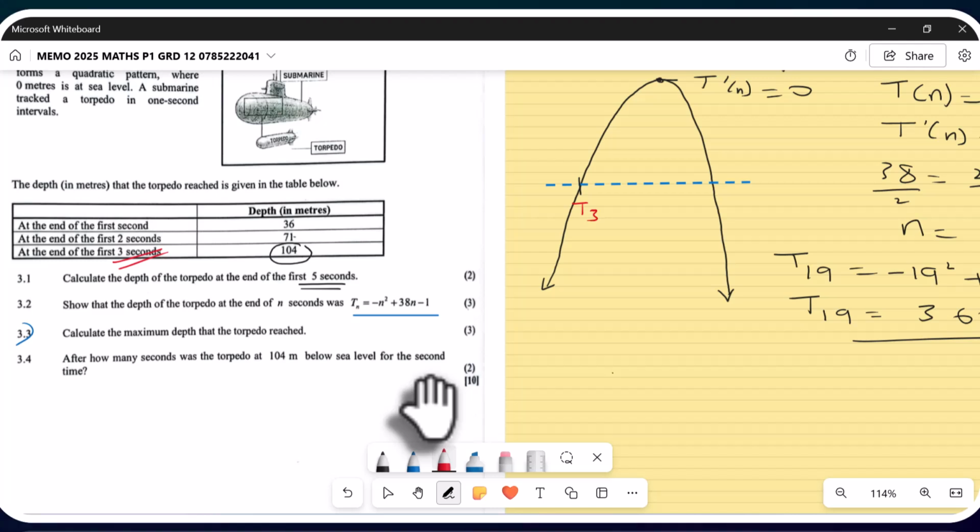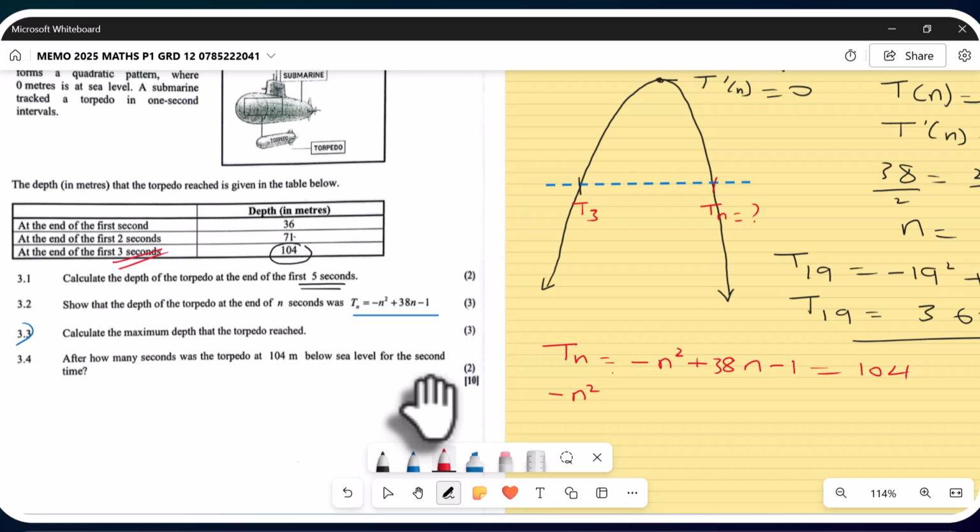So I'm going to say, I know that Tn equals minus n squared, plus 38n, and then minus 1, must be equal to 104. So here I'm going to form the quadratic. I'm going to say minus n squared, then plus 38n, now minus 105 equals 0. So in here, now I use the quadratic formula.